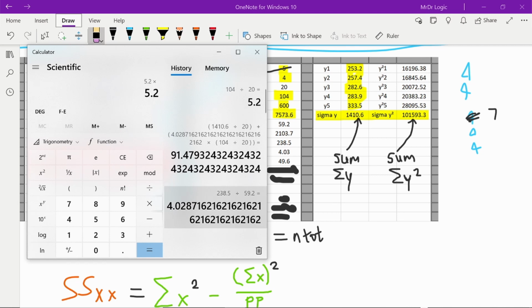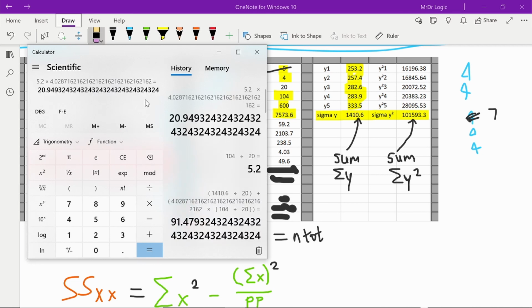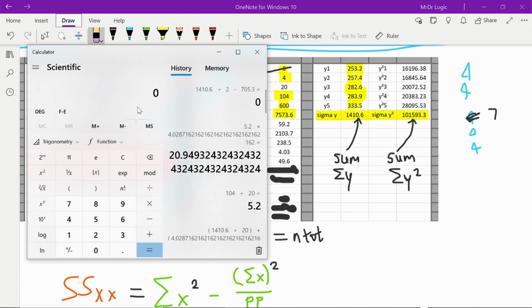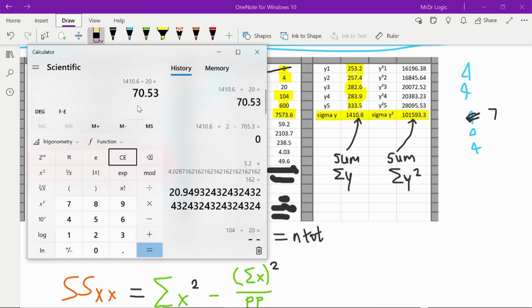Control C. Control V. Okay, perfect. And now 1014.6 divided by 20. What the heck? 6 divided by 20. Okay, and then we add 20.94932. Okay, it doesn't matter.